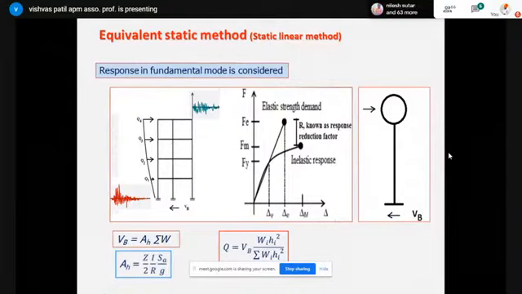And after application, we estimate the response in the structure, that is, the shear force, bending moment, and drift displacements. The whole calculation is based on one equation, that is VB, base shear. We calculate the base shear, and according to that base shear value, we distribute it. That is the equivalent static load method.